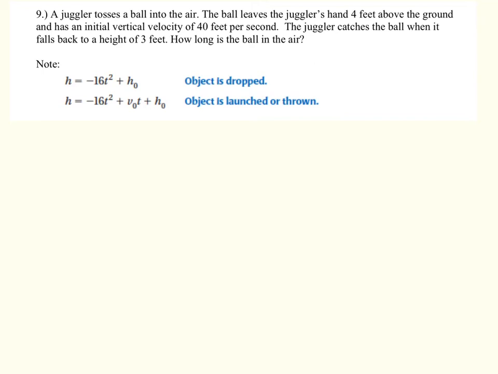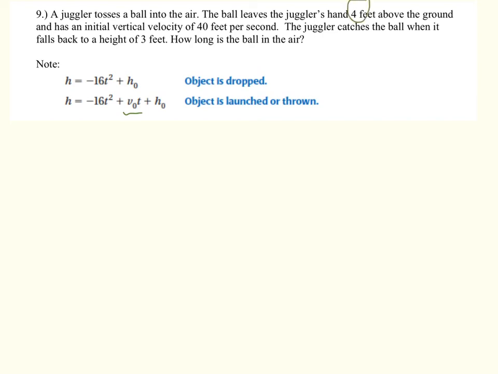Well, remember the formula we've been using when we talk about dropping things. Height equals negative 16t squared plus the initial height. In this case, we're going to also add in velocity because the object's being launched or thrown. So we add in this middle term.